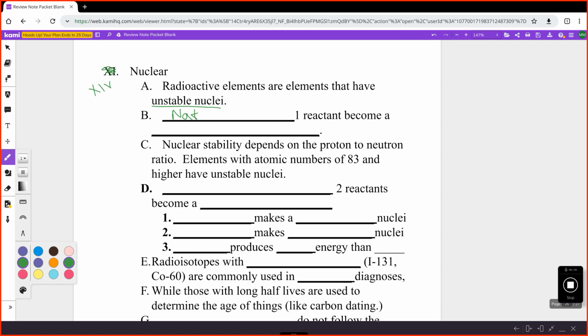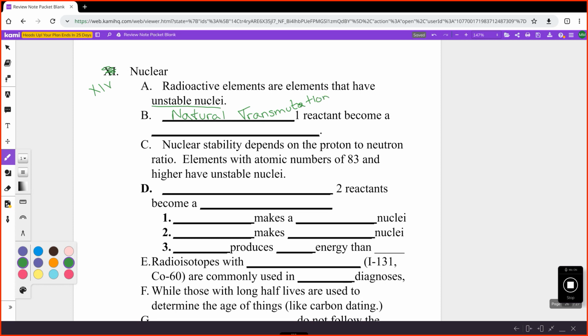The first type of radioactivity that we talk about is natural stuff. And we call this natural transmutation. Transmutation is when an element turns into something else. Specifically, natural transmutation is when it happens on its own.